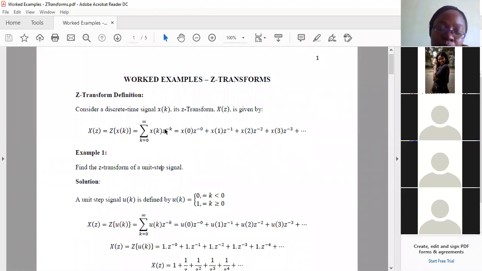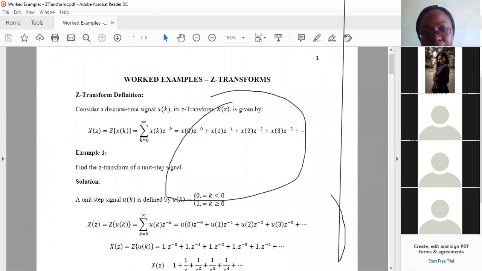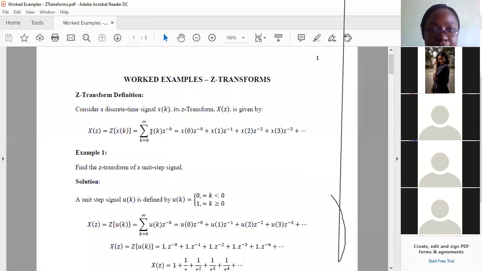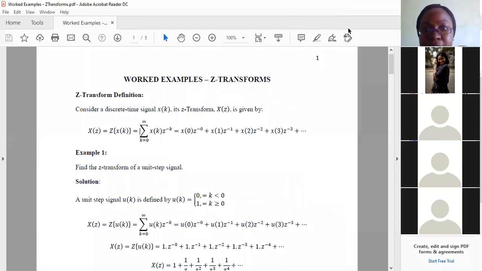You sum up the value of the function, then you multiply by z raised to power minus k. So for instance, when you expand out this function, you have x of k0.